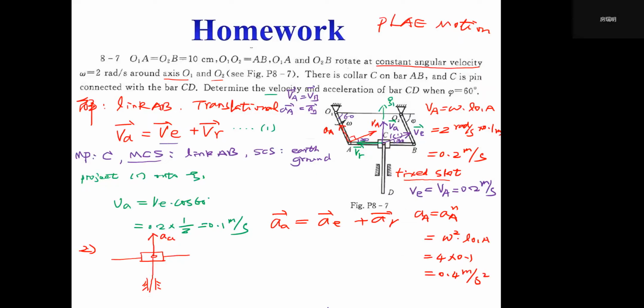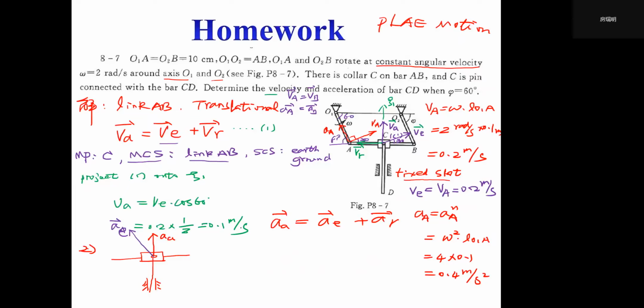Since we know this direction of AA has 60 degrees, then we should draw a line like this. So this AA actually is our transport acceleration, because this link AB is our moving coordinate system.